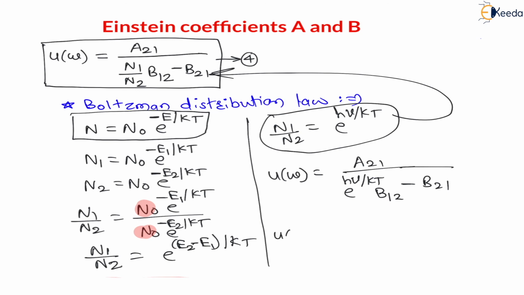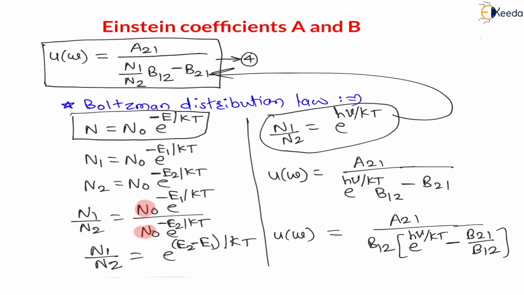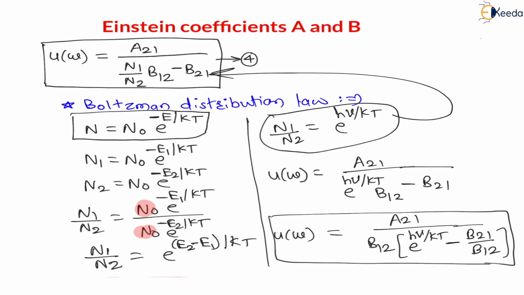Therefore, this equation will become u omega is equal to A21 divided by B12 into 1 upon e power h nu divided by kT minus B21 divided by B12. Now my dear students, this will be our new equation. So already we have written the fourth equation, let us write down this equation as the fifth equation.